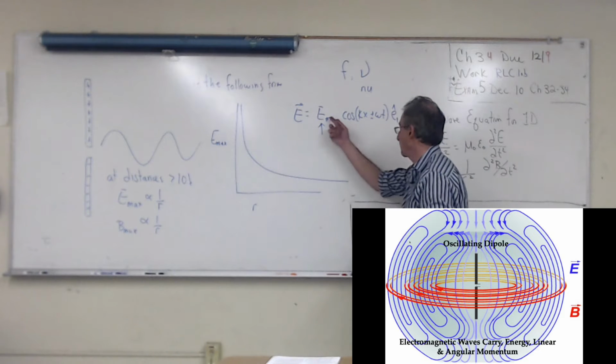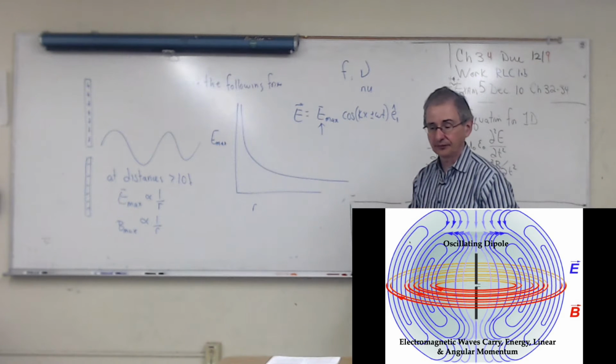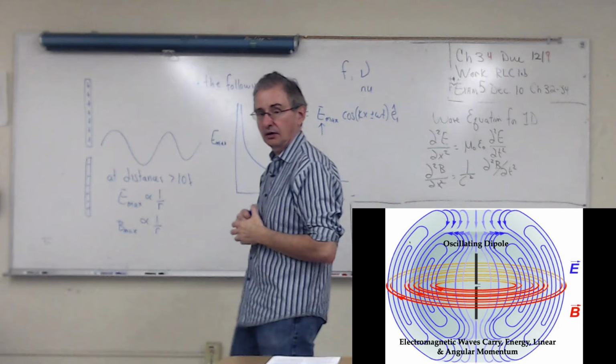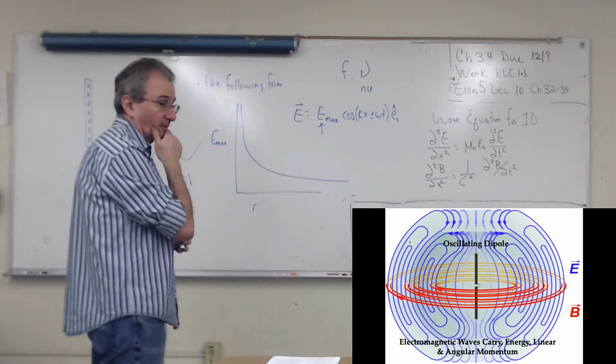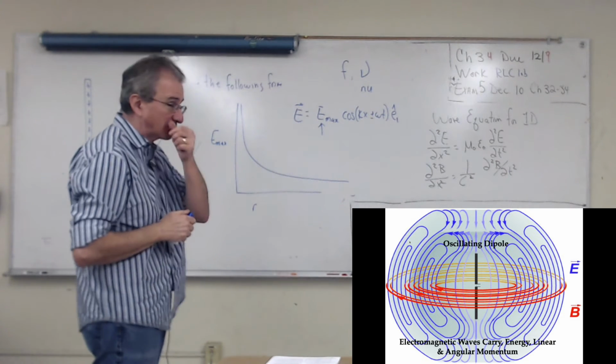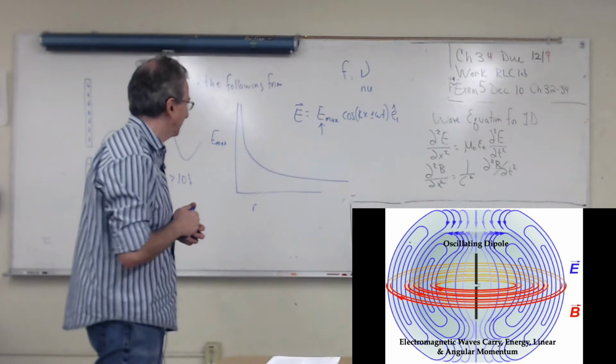If you're really far away, you're not going to notice how much that changes. If you're 1,000 meters away, and then go from 1,000 to 1,001 meters, this isn't going to change much.